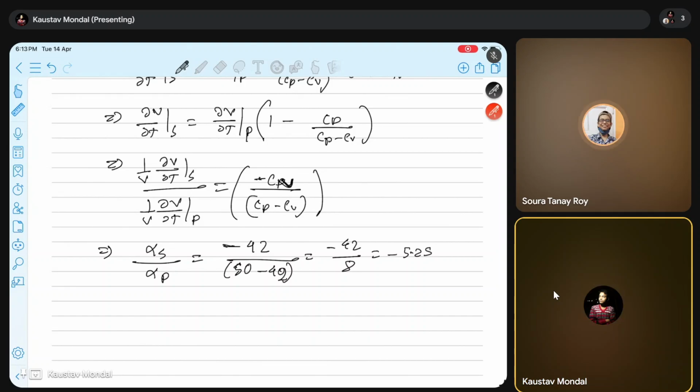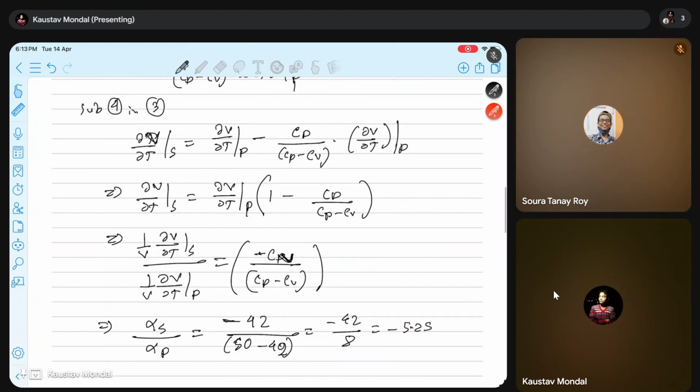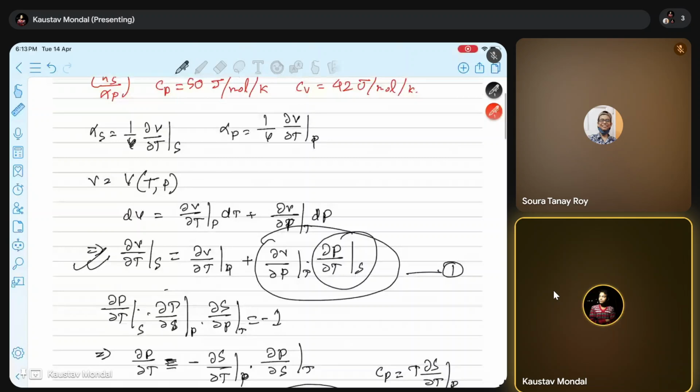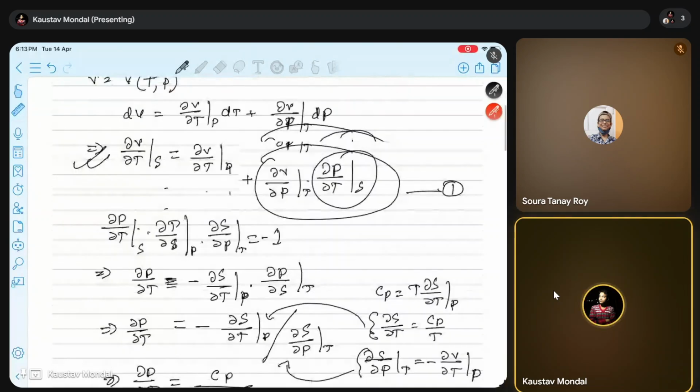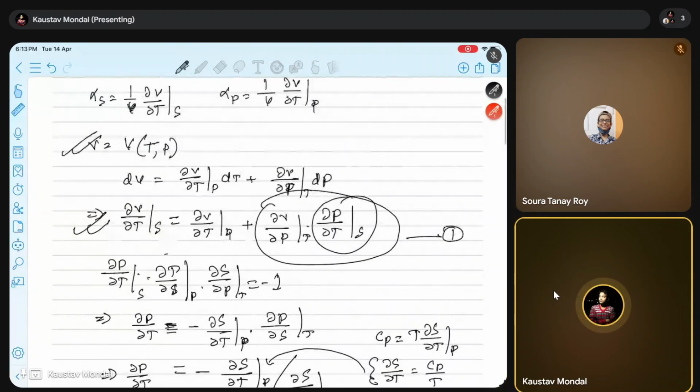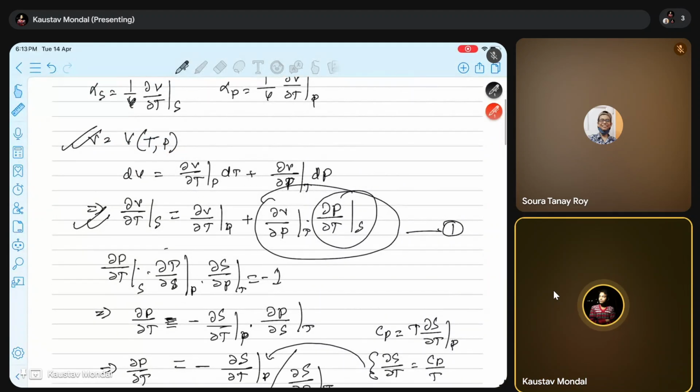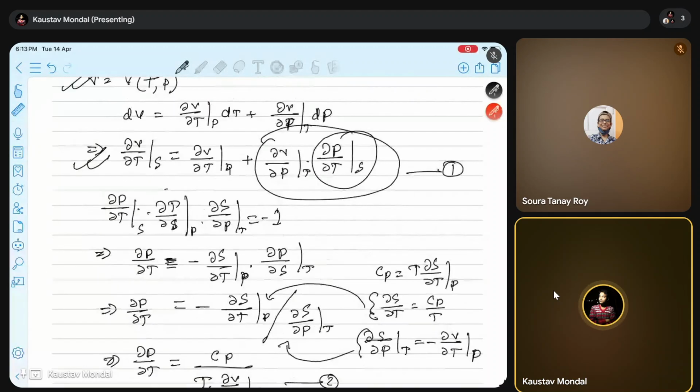So, yeah, this is a very complex one. You have to start from this consideration, volume as a function of temperature and pressure. From there itself you get this relation. Now from this relation, you have to write del V by del P at constant T and del P by del T terms in terms of Cp and Cv.